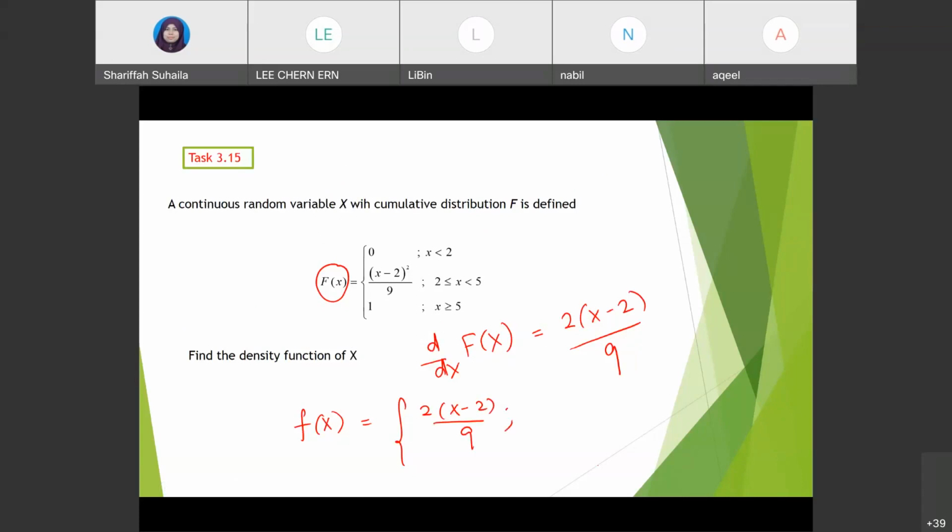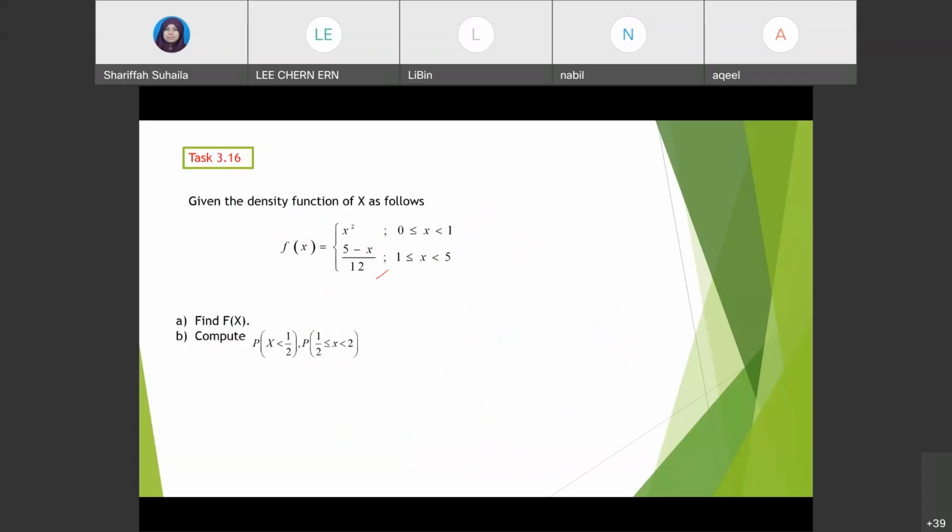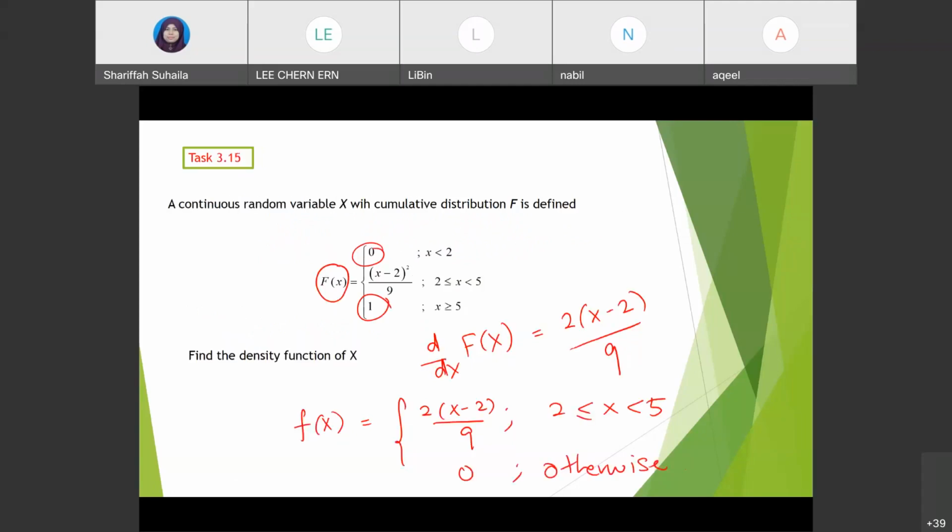So otherwise, you get 0. Okay, so that one. Ya. Tu mungkin dalam 2 markah je lah ya. Kamu differentiate kan and then write down lah in terms of function. Okay, sebab kita nak dapatkan density function dia. So differentiate kan, you get 2(x minus 2) over 9 and then differentiate 0, differentiate 1. Okay, and then rewrite back.